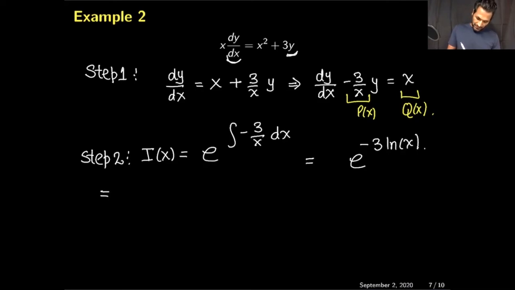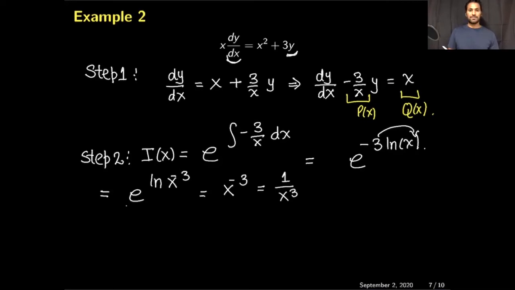This is going to be e to the power natural log of x to the power minus 3, because you can move this power on top of x by using the natural log property. The exponential and the natural log are inverse to each other, they cancel out, so our integrating factor is x to the power minus 3, which is in fact equal to 1 over x to the power 3. So this is our integrating factor.